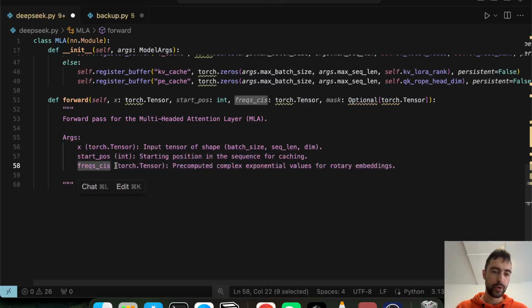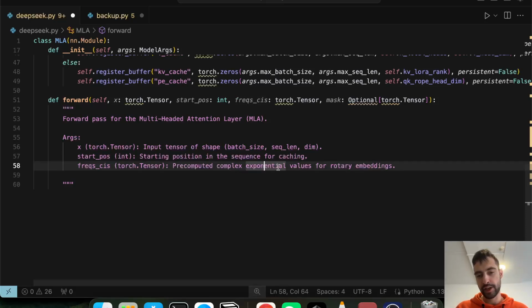Here, frequencies: pre-computed complex exponential values for rotary embeddings. As I explained in rotary embeddings, each of the vectors, keys and queries, have some rotations.